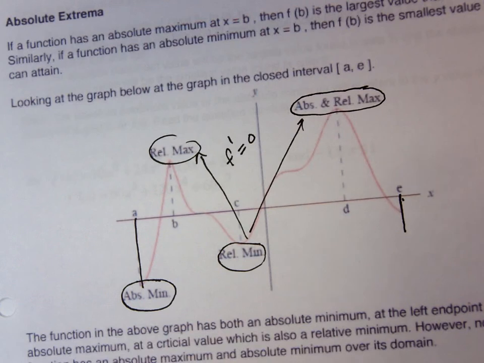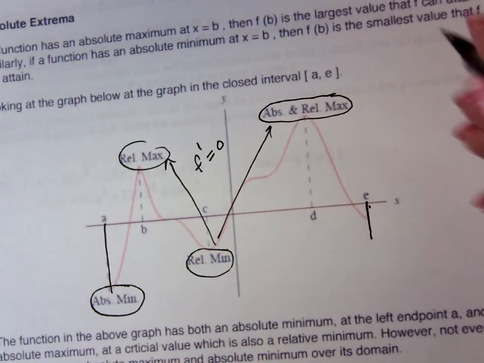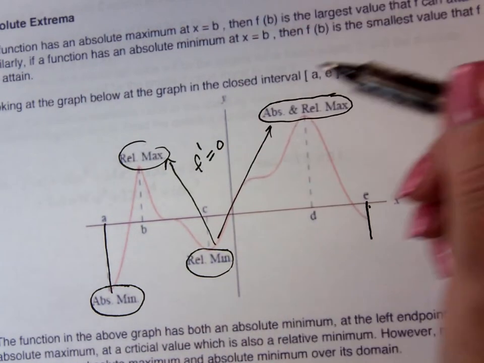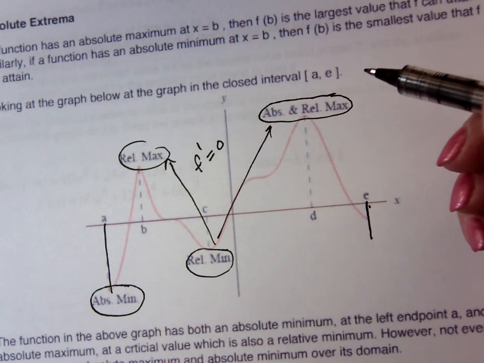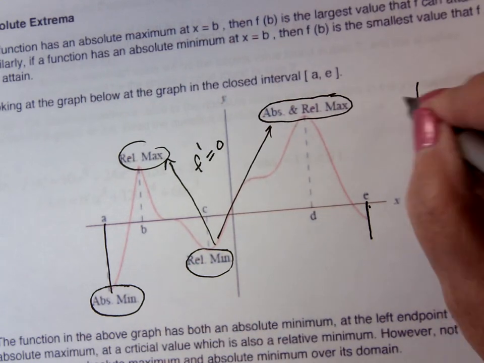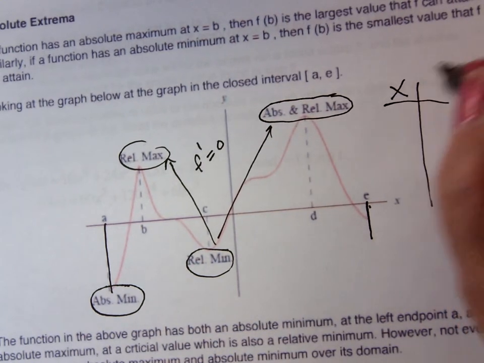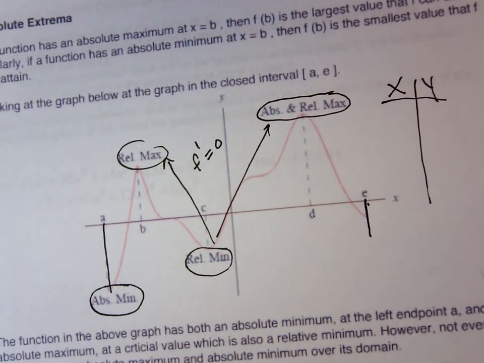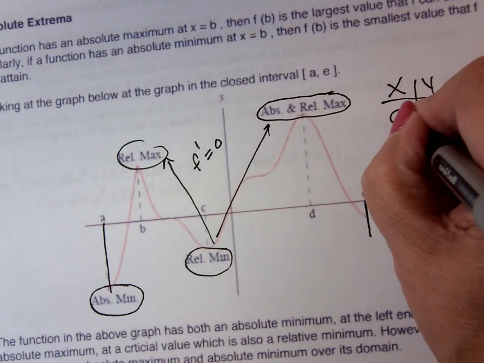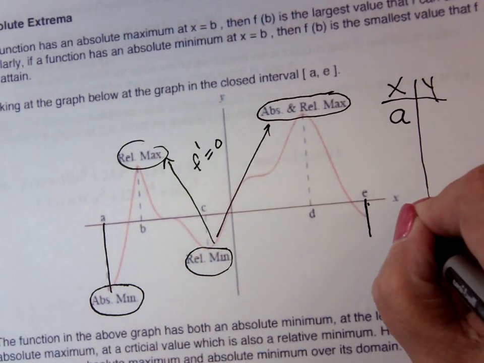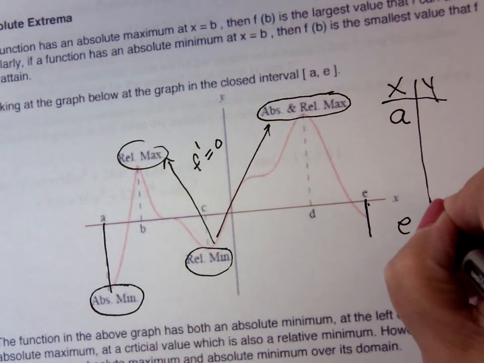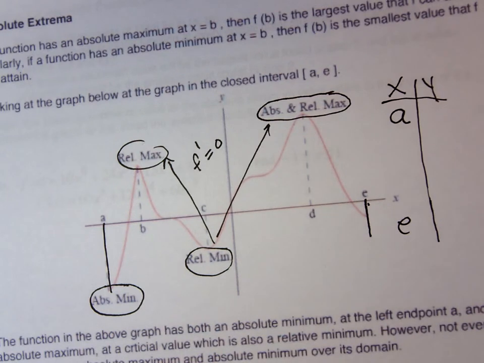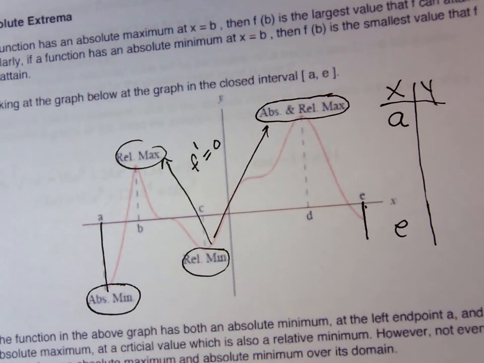So the question you would ask yourself, what do you do? Anytime I see the word find the absolute, I set up a T-bar chart. In my T-bar chart, I put my endpoints. In this case, it's A and E. So those are the endpoints. Then I take the derivative, set it equal to 0.